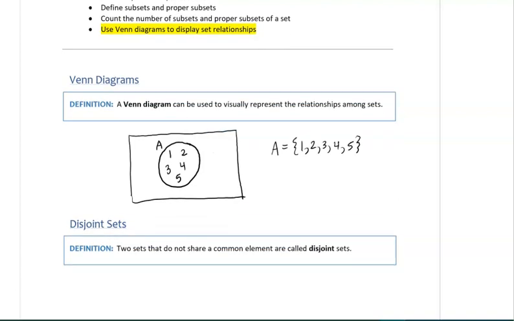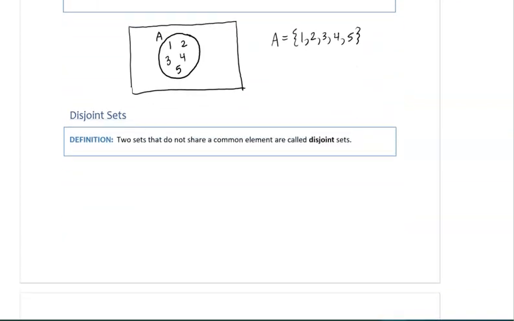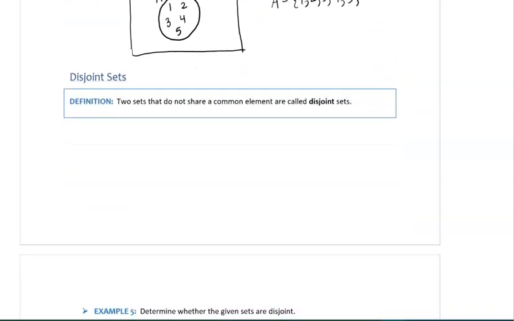And here are some common relationships that we might notice among sets. So we'll start with disjoint sets. Definition: two sets that do not share a common element are called disjoint sets.